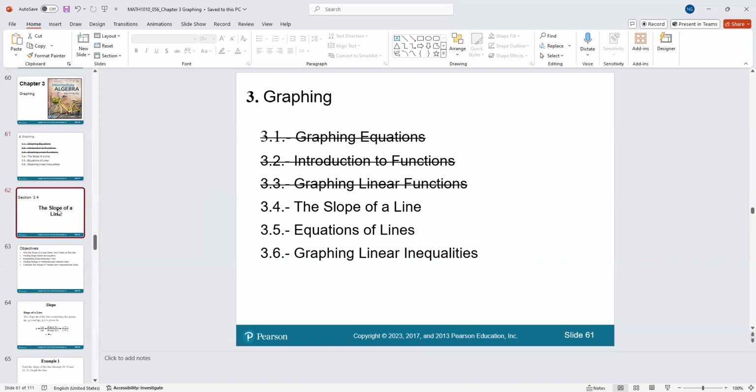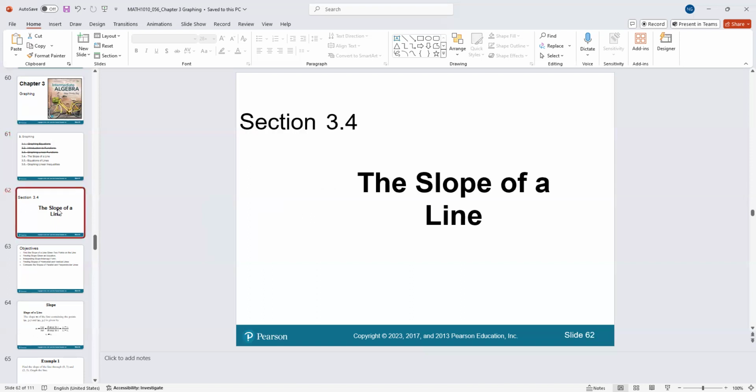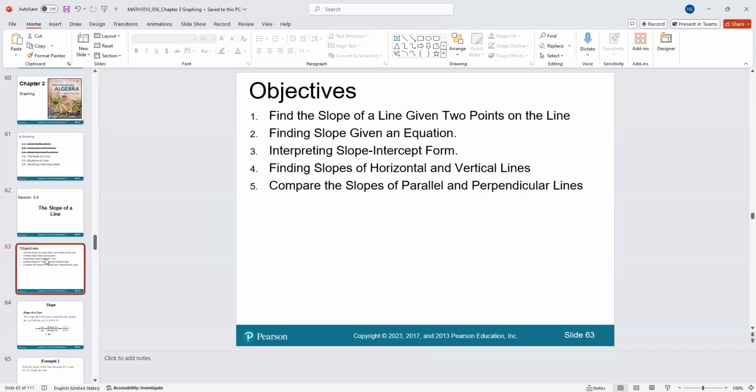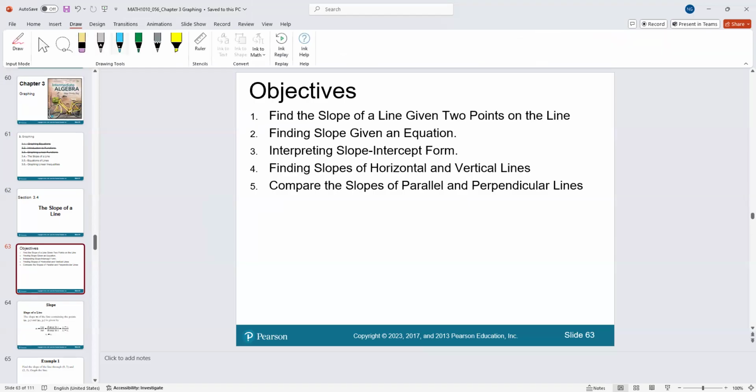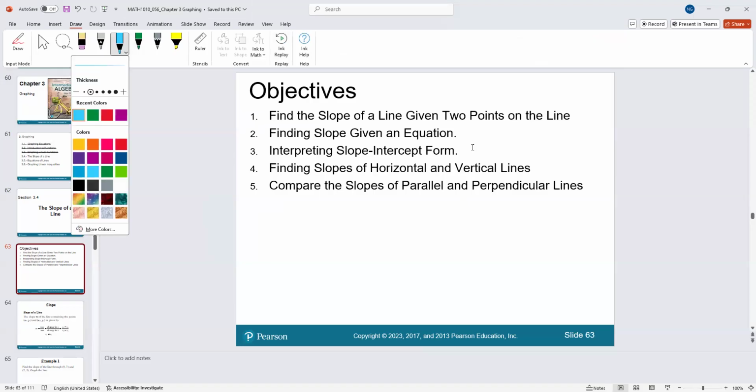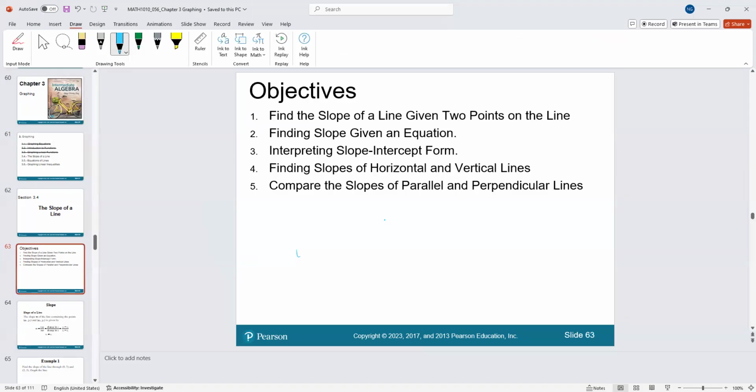So that's what we're going to do in section 4. We're going to study the slope of a line. In this section, our objective is to find the slope of a line given 2 points on the line, or find the slope given an equation in slope-intercept form, y equals mx plus b.